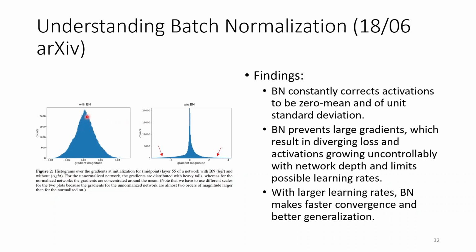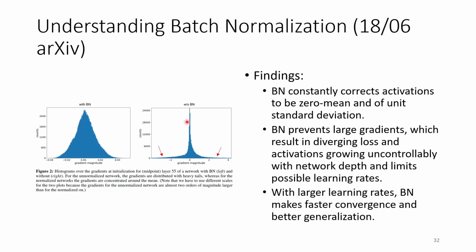If you use normalization, the top value is also at 0, but the number of those gradients is around 2.4K. So it means if you use batch normalization, the distribution of the gradients is well distributed, and most of them are small numbers.